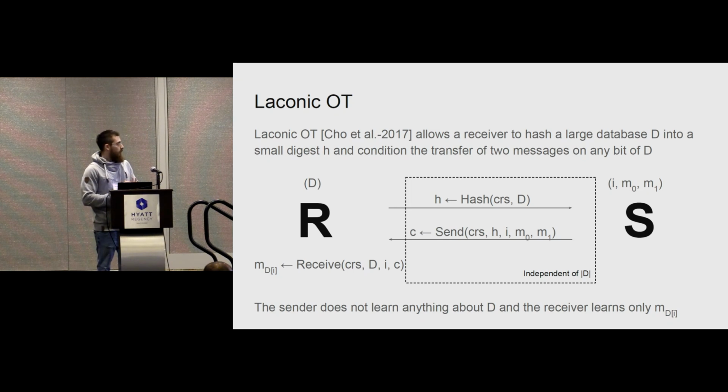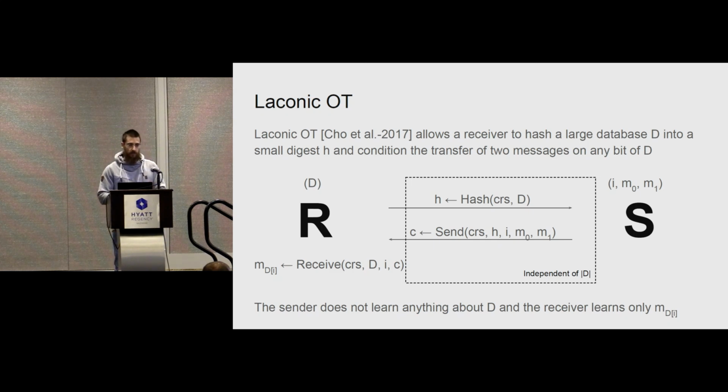We have a sender and a receiver. The receiver holds a large database D and can hash it into a small digest H. This H is independent of the size of D and can be sent to the sender in just one message. On the other hand, the sender holds an index i and two messages M0 and M1.